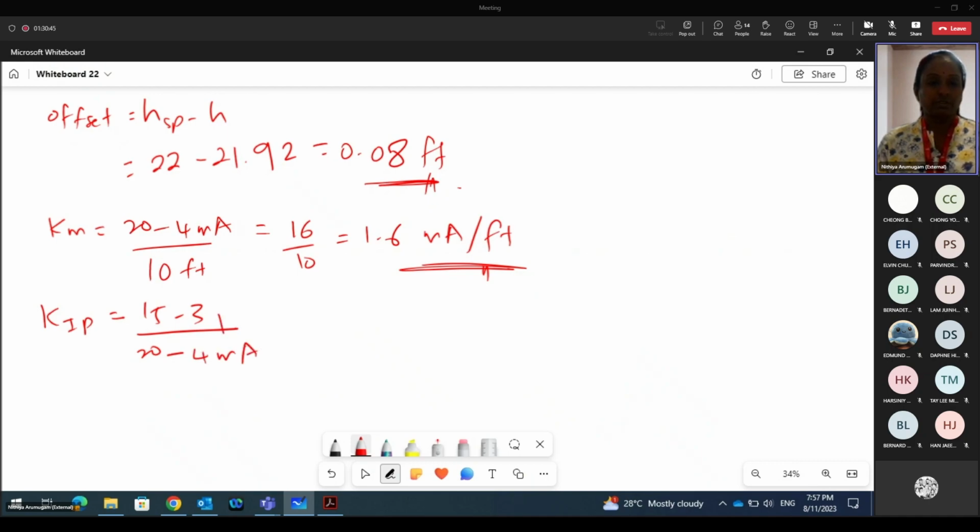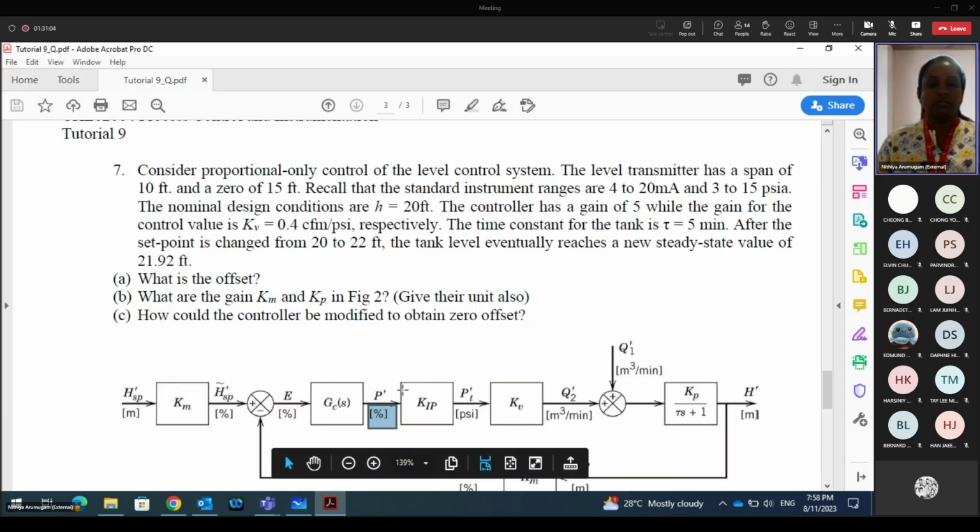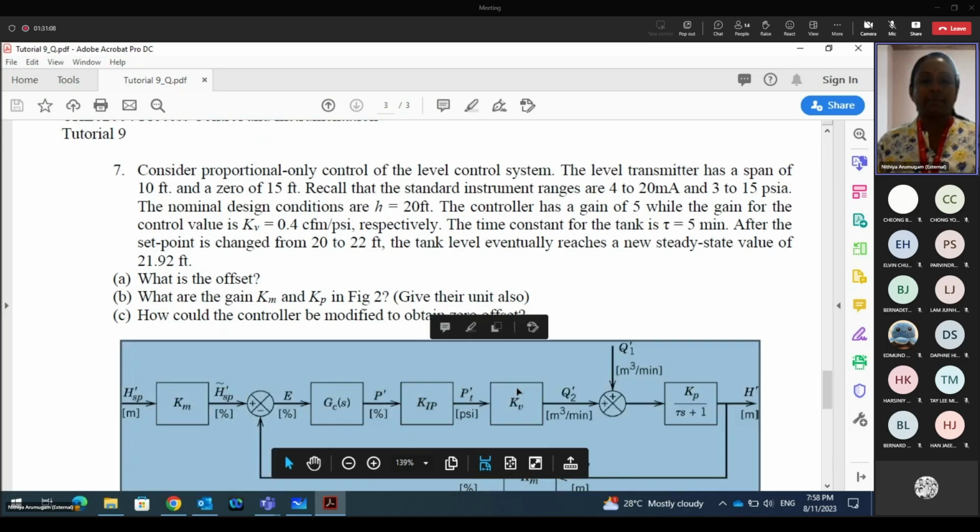So here it will be 12 PSI over 16 milliampere equals to 0.75 PSI over milliampere. This is for IP. We have calculated for IP.